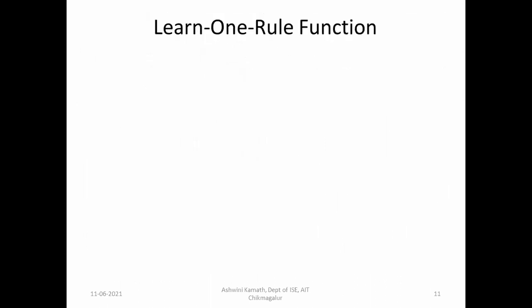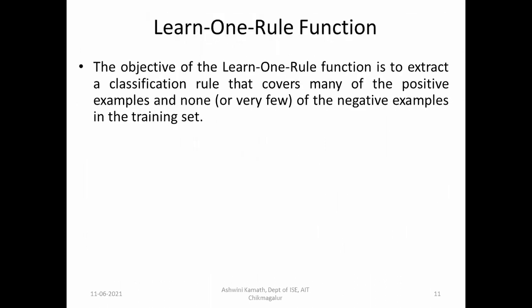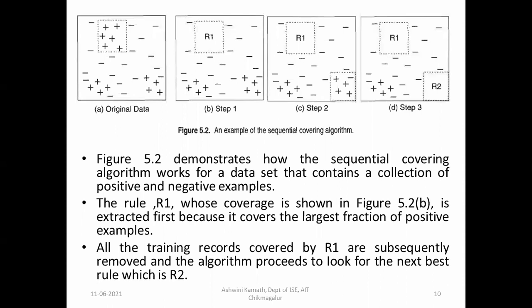The learn-one-rule function. The objective of the learn-one-rule function is to extract a classification rule that covers many of the positive examples and none or very few of the negative examples in the training set. If you notice, R1 has not covered any negative example, right? But R2 has covered one negative example.